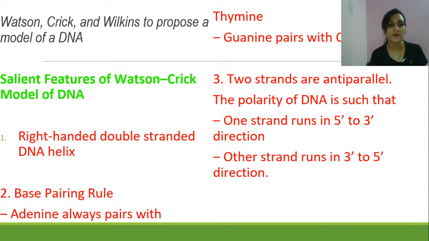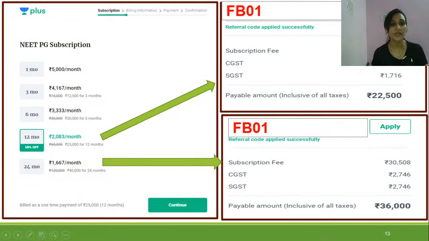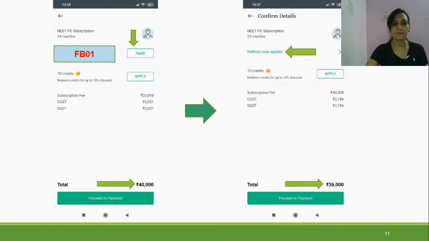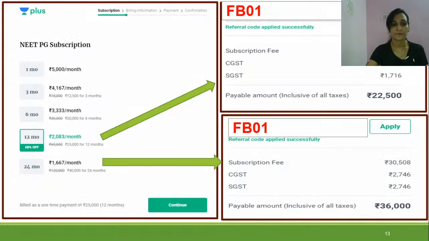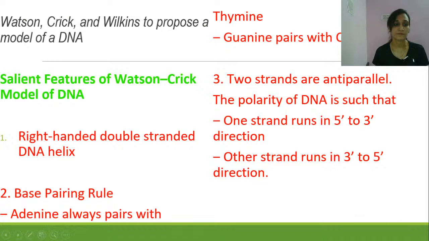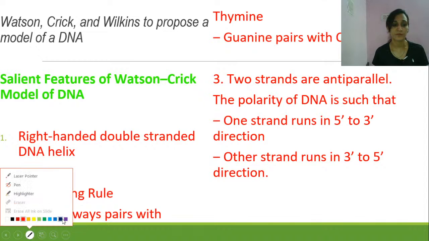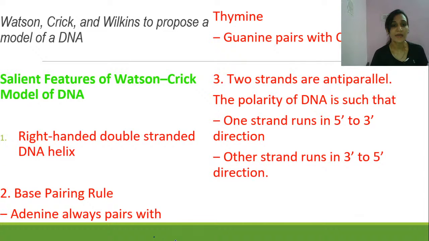These were the people who proposed the model of DNA, how the DNA would look, how the DNA is actually organized in the body. Then this structure which was given by Watson and Crick, let us have a look at the special features of these.